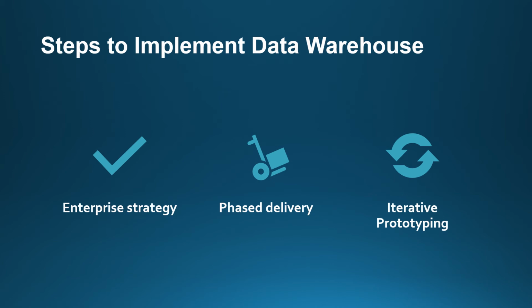We also identify facts and attributes. Data mapping and transforming is also planned. Then phased delivery. Data warehouse implementation should be phased based on subject area. Related business entities like booking and billing should be implemented first and then integrated with each other.